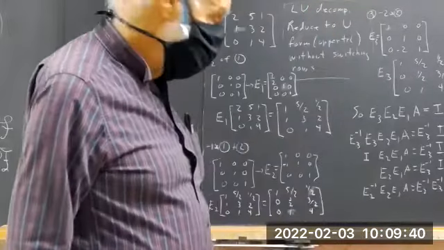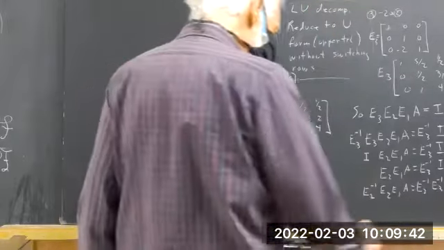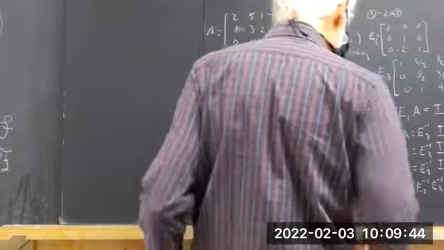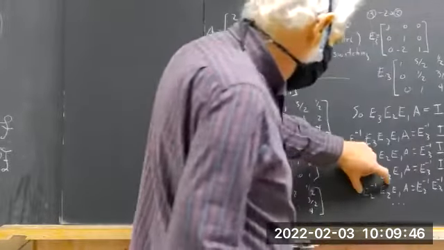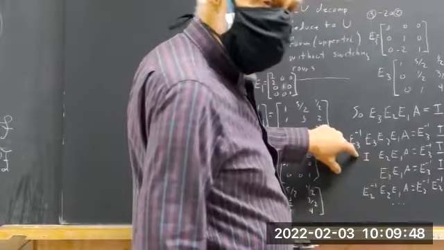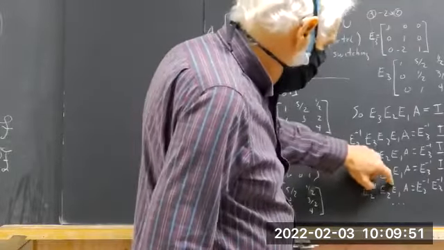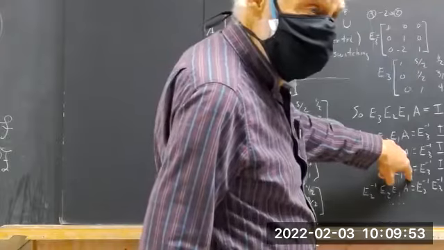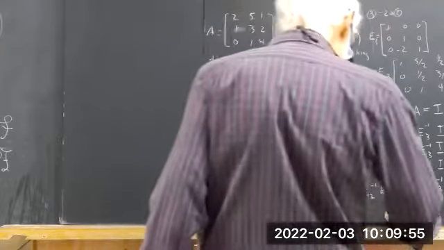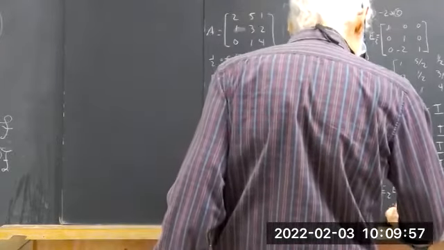We can write out these steps. This is I, just like it was up here, right? And that just leaves you an E1 A here. So make sure you understand that, so you could write this out.